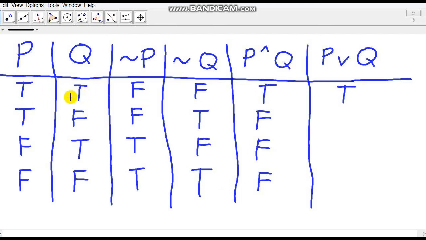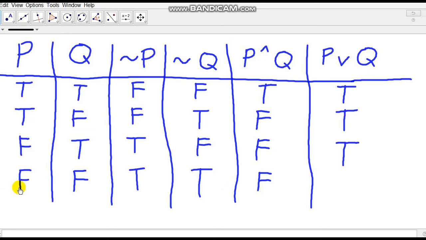For the second row, we have P is true, Q is false. P in this scenario is true. Even if Q is false, we would consider P or Q as true, since one of them is true, which is P. For the third one, P is false, Q is true. It follows that P or Q is true, since one of them is true.